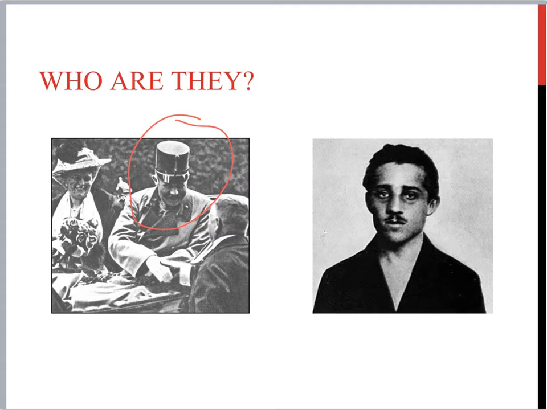Many of you may already know this, that Gavrilo over here assassinated Franz Ferdinand and his wife when they were visiting Sarajevo in 1914. And oftentimes people say that's the spark that began World War One. That could be an answer, if we look at why did World War One start?